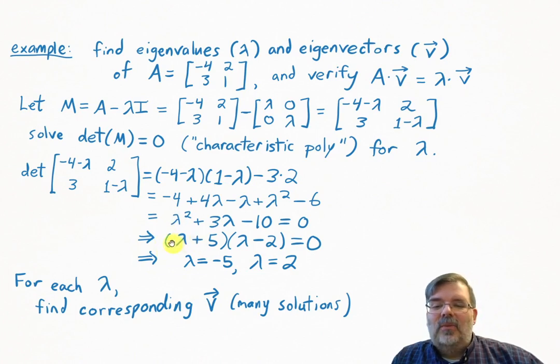In this case, we'll get lambda plus 5 times lambda minus 2 equals 0, which tells us our eigenvalues are lambda equals minus 5 and lambda equals 2. And for each of these, we want to find the corresponding eigenvector.